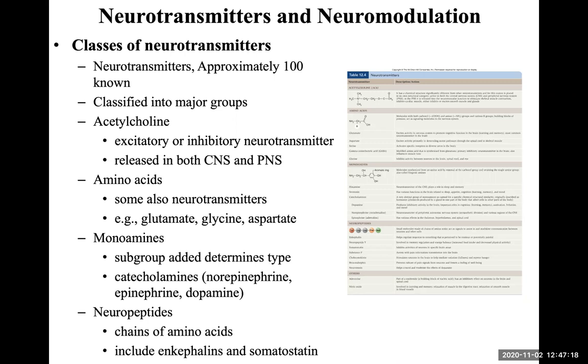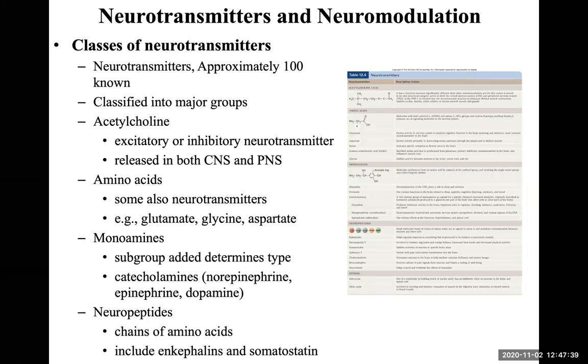Acetylcholine is not always excitatory. There are situations in which acetylcholine can be inhibitory. I don't expect you to know those specific differences or the specific scenarios in which acetylcholine is inhibitory, but I do expect you to know that acetylcholine can be both excitatory or inhibitory depending on the situation.